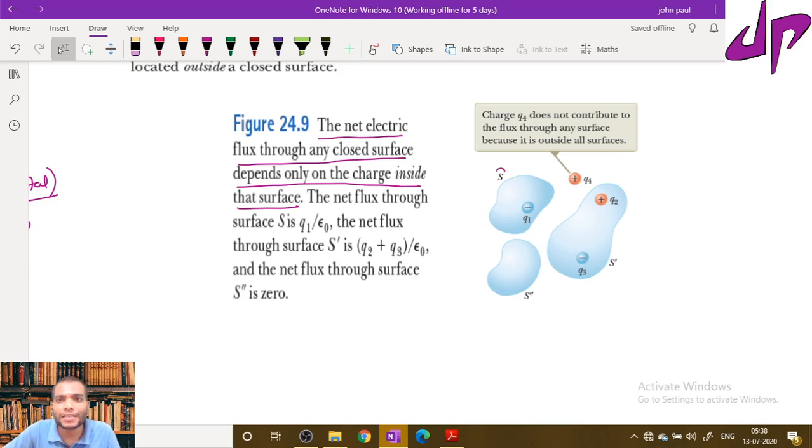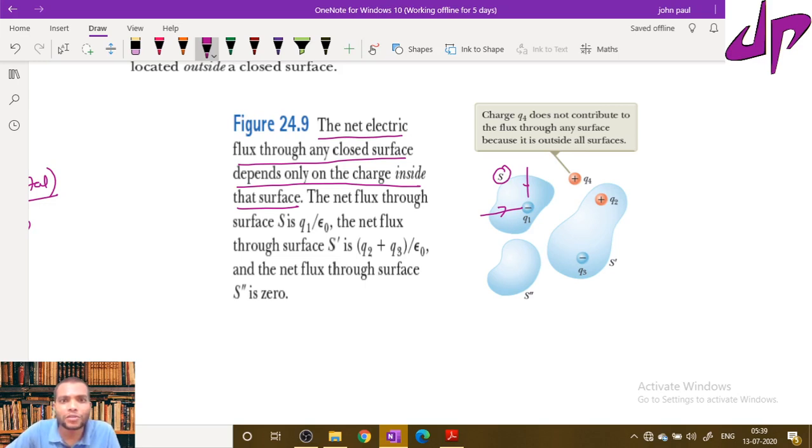So through the surface S, the net flux depends only upon the charge which is inside the surface. It does not depend upon the charge Q4, because Q4 is outside the Gaussian surface we have selected. Here, the net flux through surface S is Q1 by epsilon naught, because it only encloses the charge Q1.